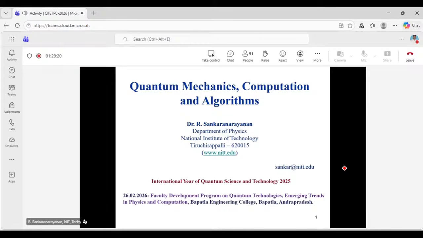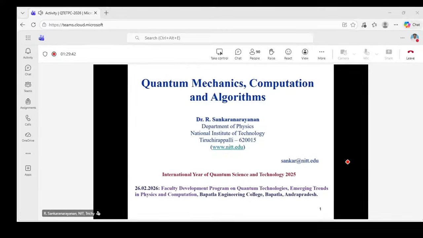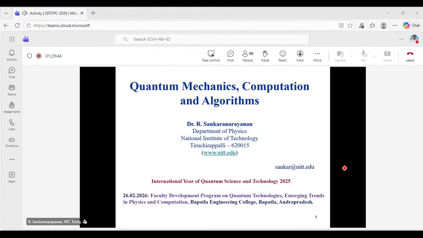And I should say that the United Nations has announced 2025 as the International Year of Quantum Science and Technology. The idea is to commemorate the 100 years of the formal development of quantum mechanics, whose foundation was laid by Erwin Schrödinger, who wrote his famous equation in 1925.